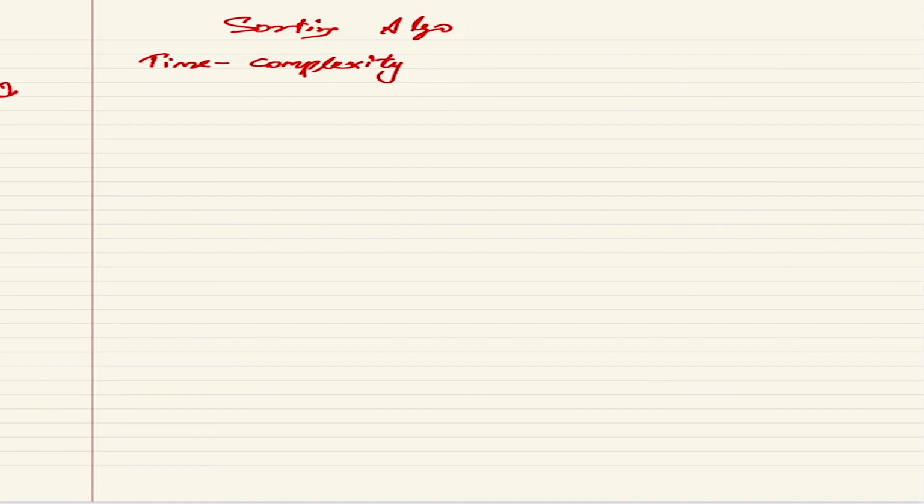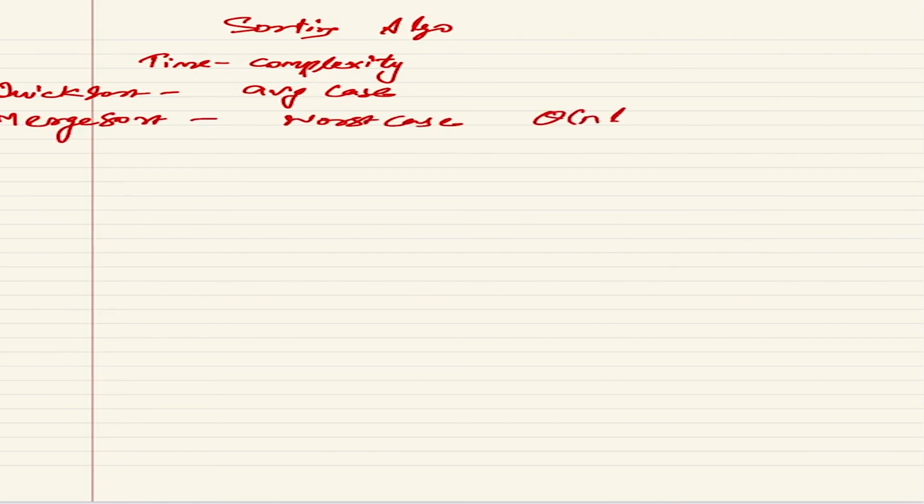Quicksort is good in the average case, right? Merge sort is good even in the worst case. So if you want a worst case time complexity of theta n log n, you will go for merge sort. But if you want an average case complexity, you can always go for quicksort.